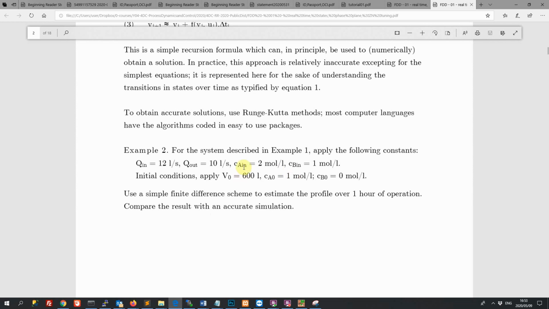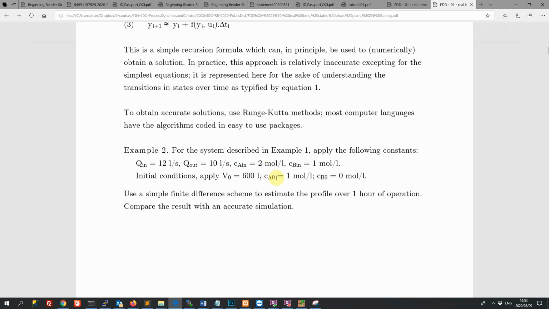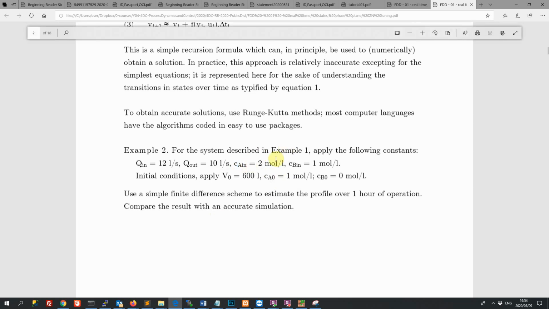So this notation, I try to be a bit strict about the initial value, but some textbooks do add to the confusion by using Ca naught when they mean the inlet concentration.